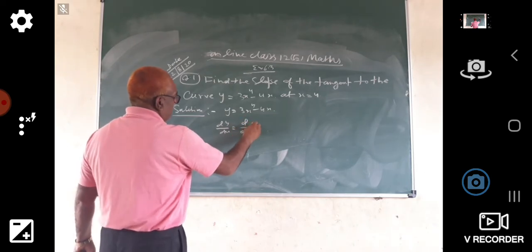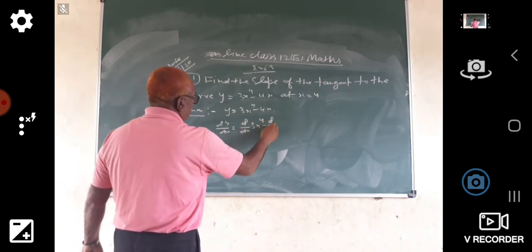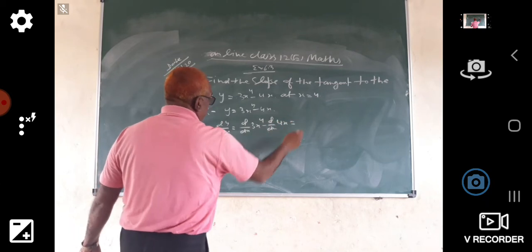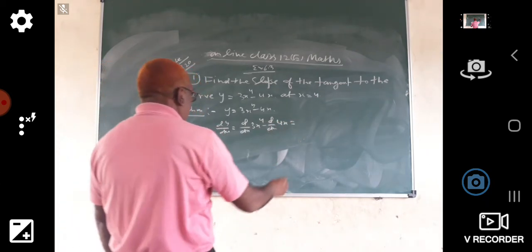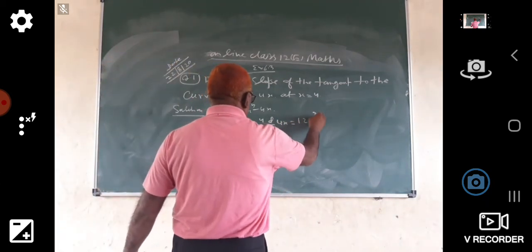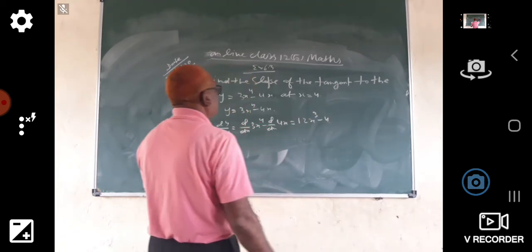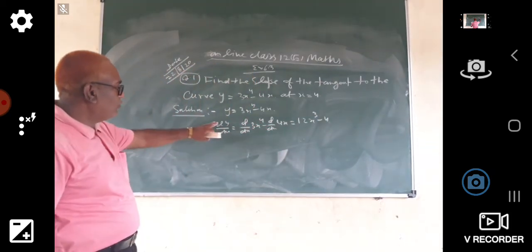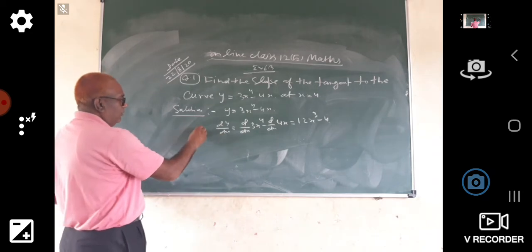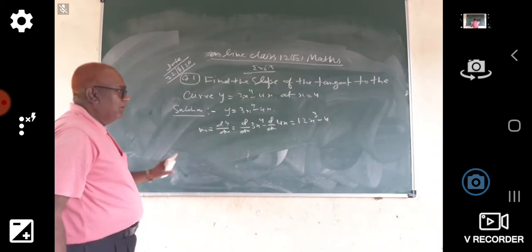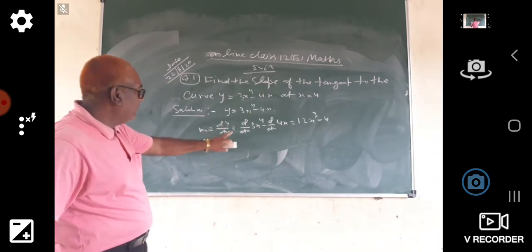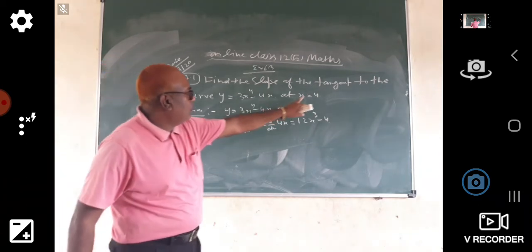Differentiation of 3x^4 minus differentiation of 4x will be equal to 12x^3 minus 4. But you have to find the value of dy/dx at x = 4.